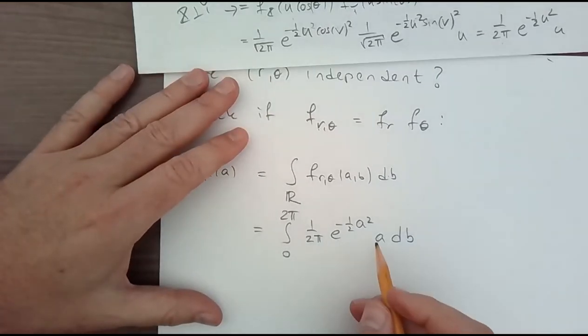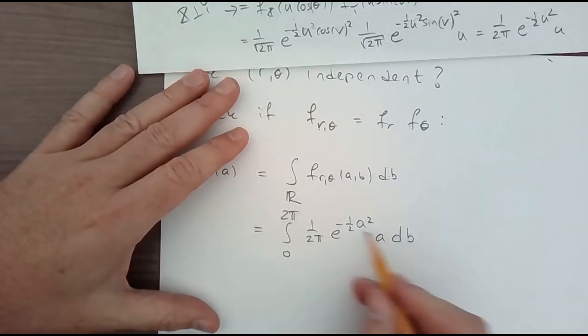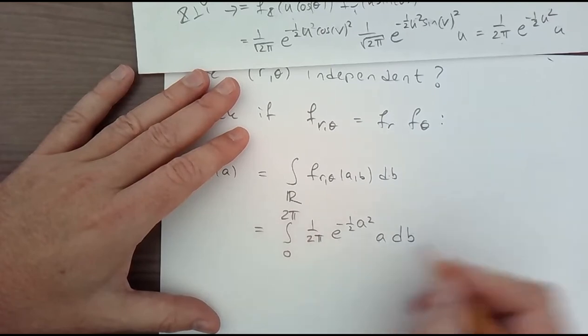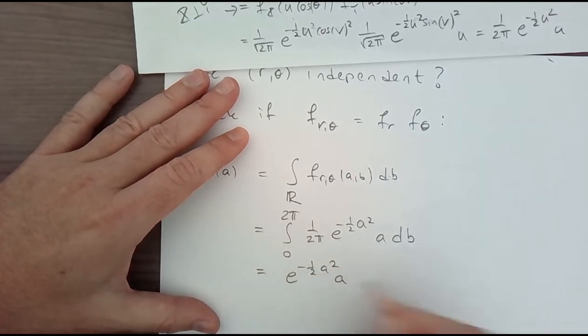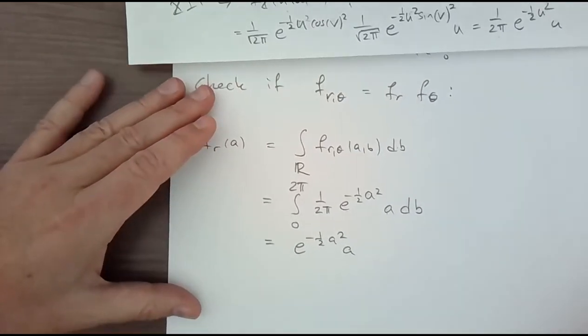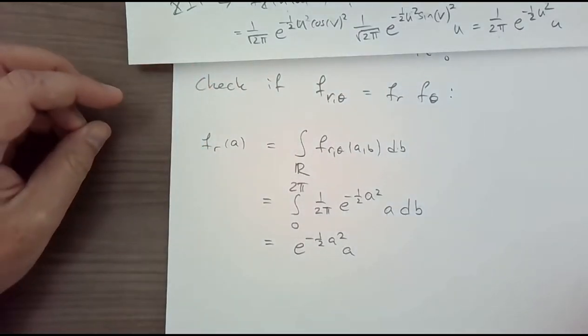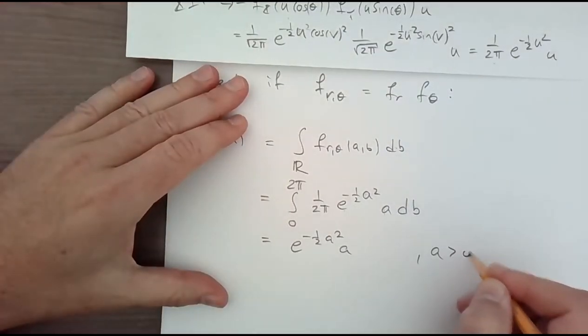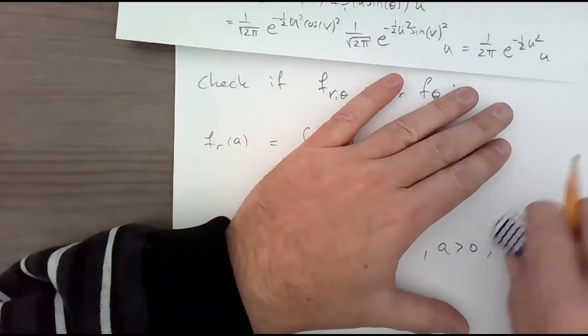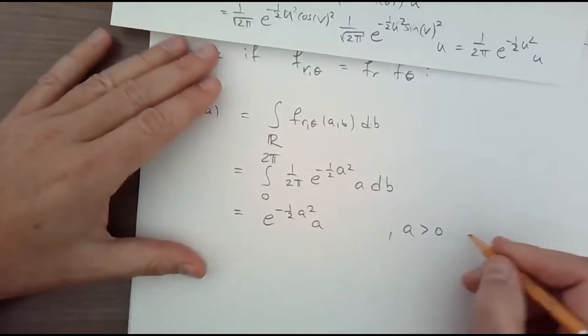So you see not much happens here, right? b doesn't appear inside, I just get 2 pi. This is e to the minus 1/2 a squared times a. And this is valid for a positive, otherwise it's equal to 0.